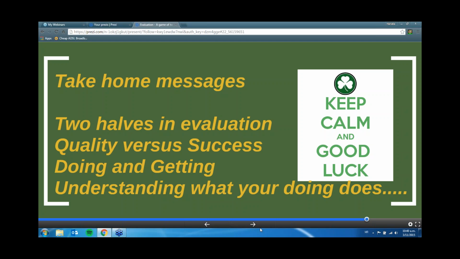We also finished talking around understanding that when you're talking about activities, you're talking about the quality of something, and when you're talking about outcomes, you're talking about the success of something. So understanding those things will help you deliver a program.